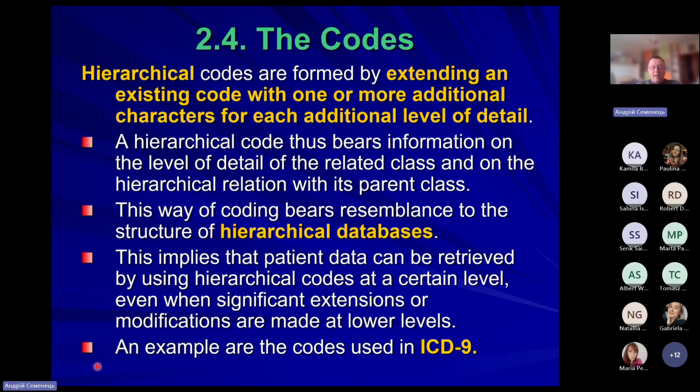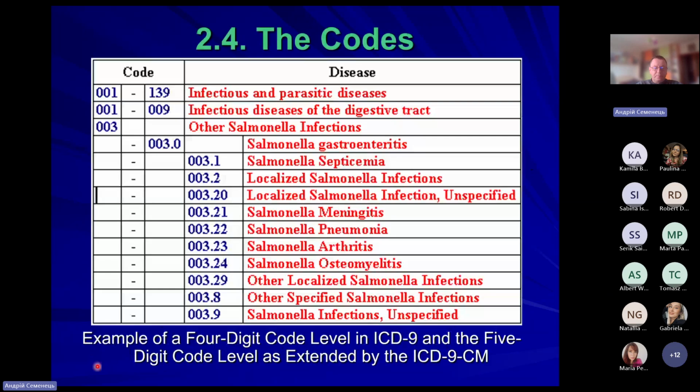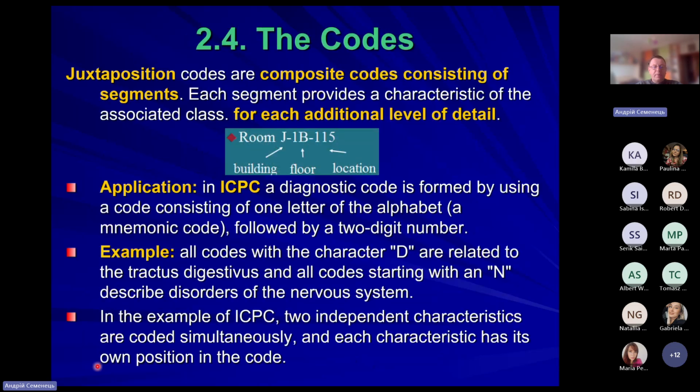So all ICD versions since 9, 10, 11, that's an example of hierarchical coding. Here we have an example of ICD-9 in particular with extension for clinical modification.